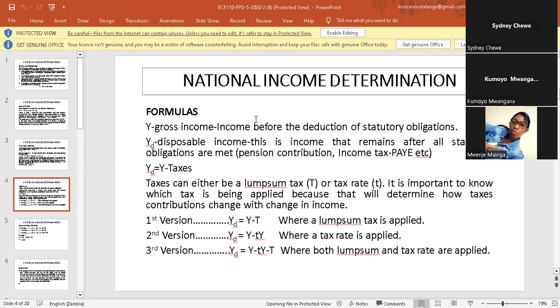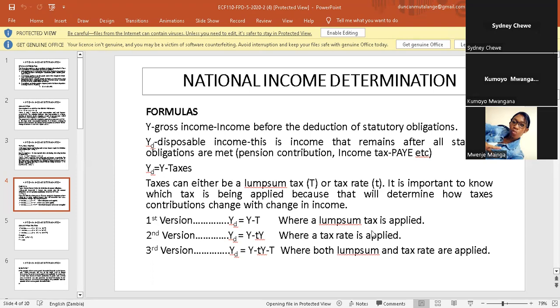All right. But tax can also be in another form, which is called what? Tax rate. Now, with a tax rate, how the government charges you depends on the level of income that you're earning. For example, we have this code in Zambia, the Pay As You Earn. So meaning the higher the amount of money that a person is getting, the higher their tax. That type of tax is called the what?